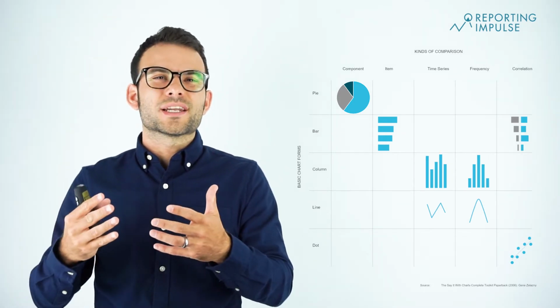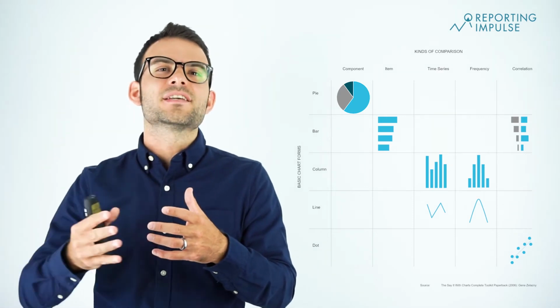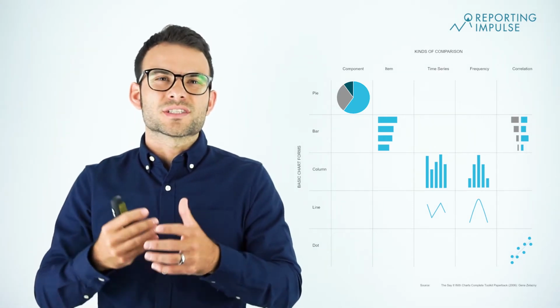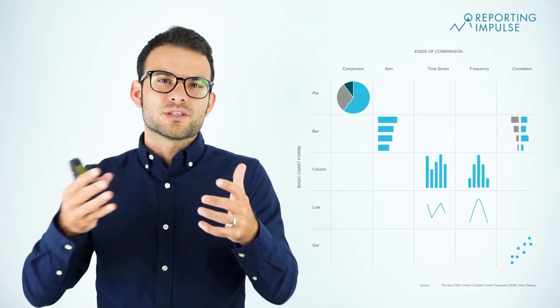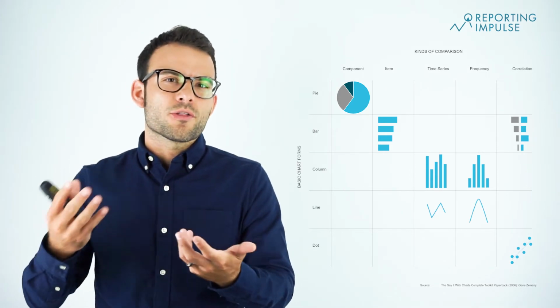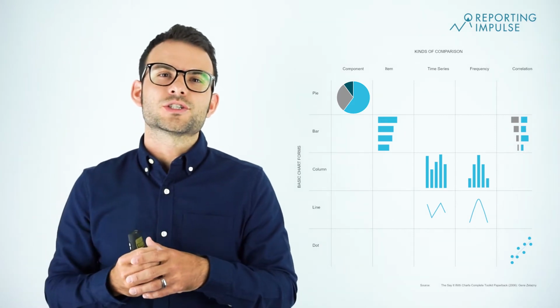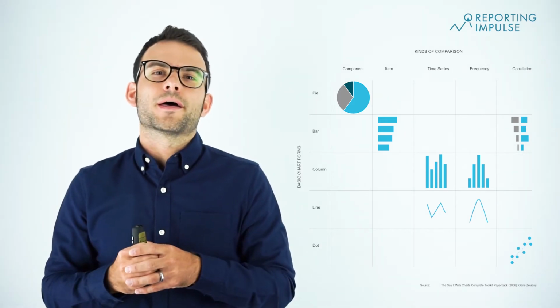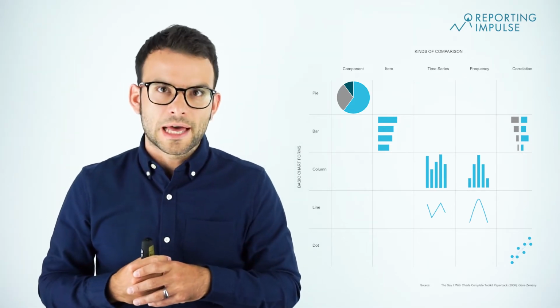You can also say that if it's more than 12 or 18 bars or columns, it's really crowded, it's getting blurred somehow, so then you need to go for a line chart. The frequency is the same here, the column and the line, just depending on the number of values you switch from column to line.